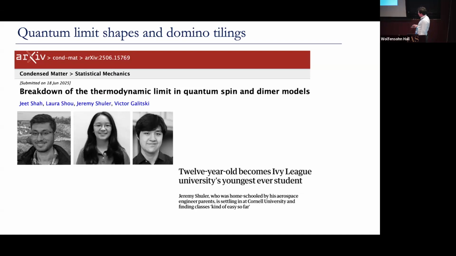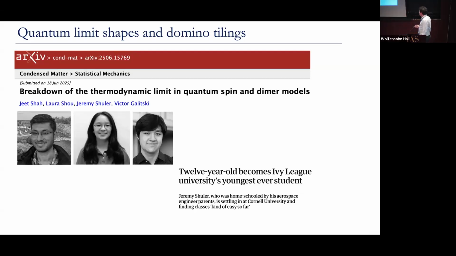Anyway, this is the attempt to essentially marry the two fields. There is this interesting stuff going on with dimers on these Aztec diamonds and other shapes. And we know that dimer models do appear as a byproduct of quantum spin models. Why don't we just marry the two?